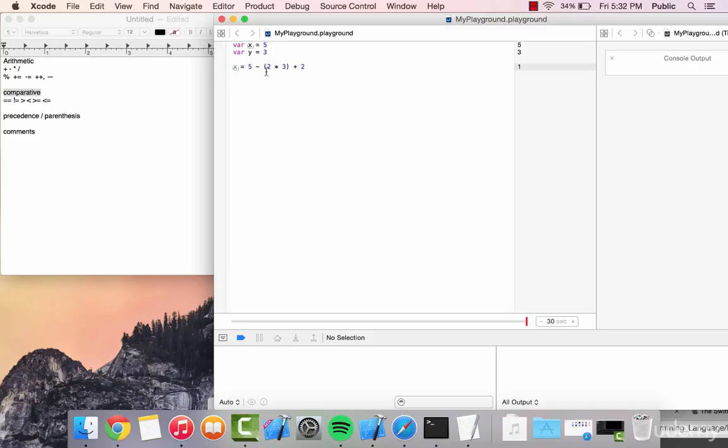Okay, so this doesn't change the answer at all, but at least I'm making it very clear to the reader, okay, I want to multiply first before I do those other things. And just to be clear, everything else that's outside of the parentheses gets evaluated just left to right.